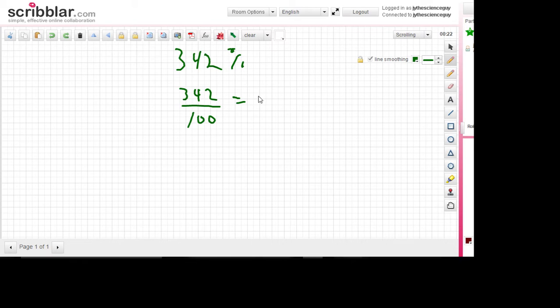So start there. Divide that by 2. What do you get? 171. And divide the bottom one by 2. 50. Nothing else you can do. So the ratio would be 171:50? Yep.